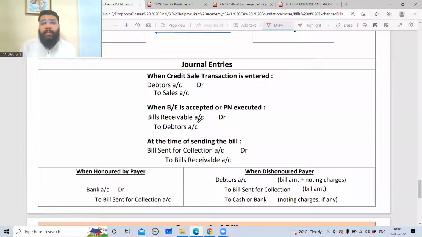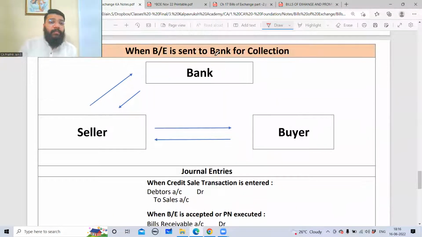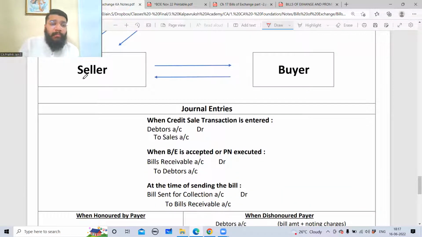So what will the entry be in case of a bill being discounted, bill being sent to the bank for collection and being dishonoured? When the bill of exchange is sent to the bank for collection and it is dishonoured, it's very simple. From the seller's point of view, what entry will the seller record? First will be the sale entry.